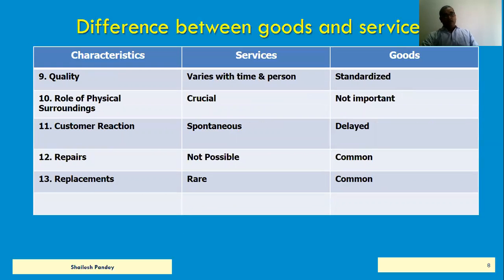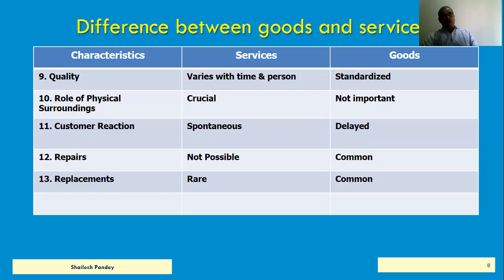Quality. Quality varies in services with time and person. You want to have dinner in a restaurant, you can go at a time when there is a lot of crowd and the demand for the services is high, you may find there is a change in the quality which was offered to you in your last visit.